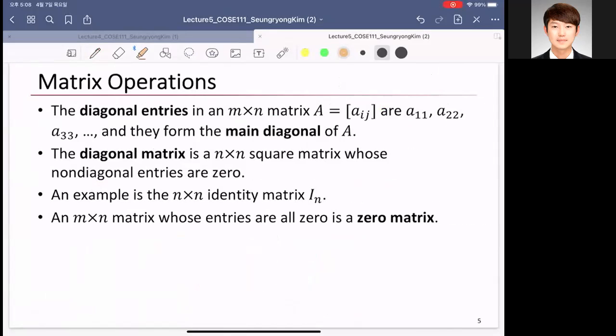One more concept is the diagonal entries in an m by n matrix A, a set of Aij.